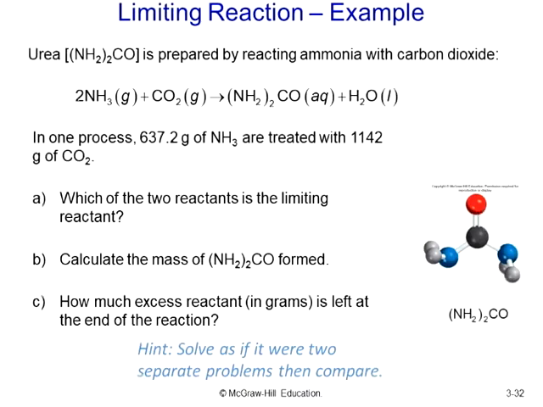In one process, 637.2 grams of ammonia were treated. Okay. Which of the two reactants is the limiting reactant? Calculate the mass formed as a second step, and how much excess reactant in grams is left at the end of the reaction.